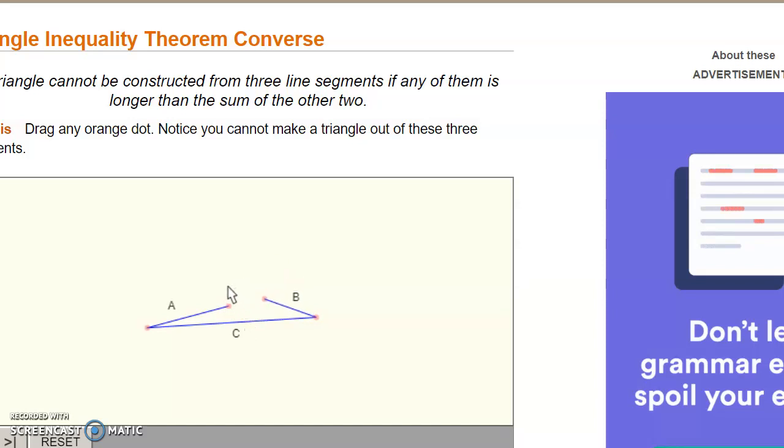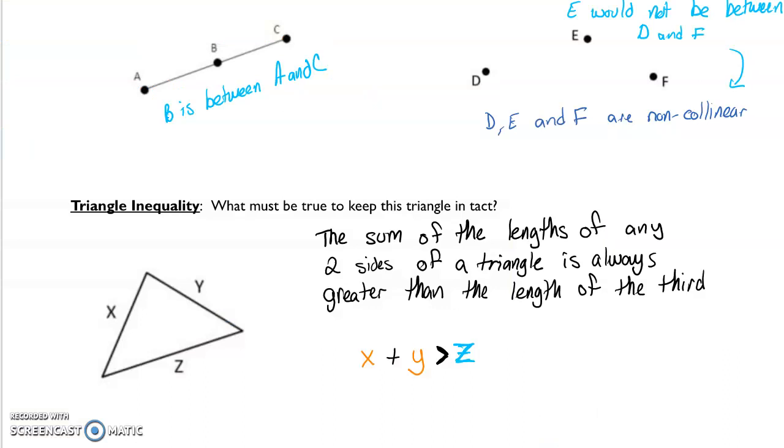They won't connect because A and B don't add up to C, or more than C. If they added up exactly to C, we'd be collinear. If they added up to more than C, I could start to form a triangle. Less than C, they don't connect. And so that's just a quick kind of diagram of what we're talking about with the triangle inequality theorem.